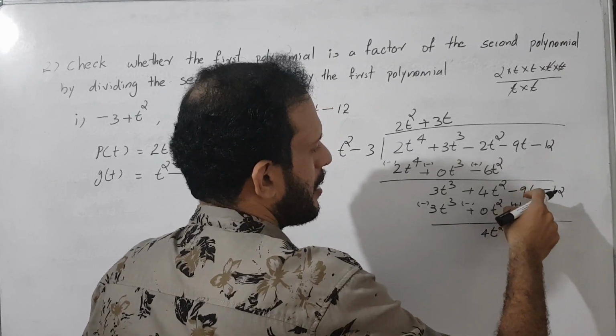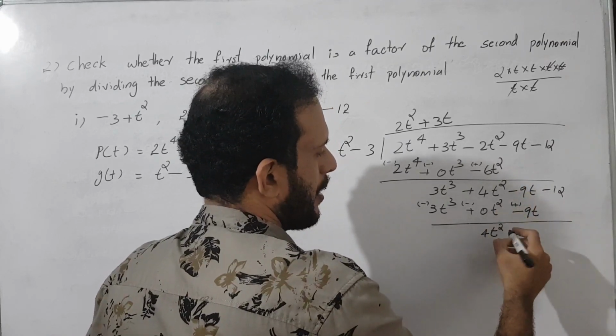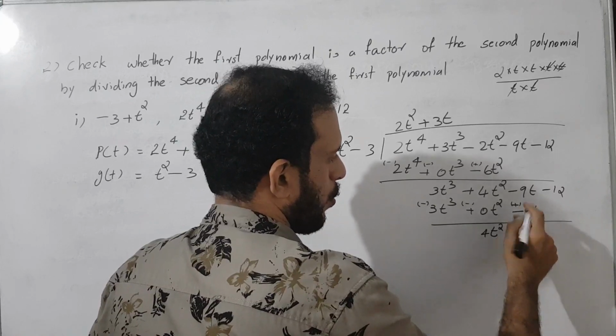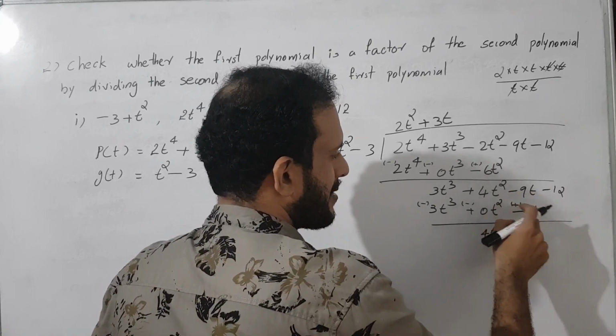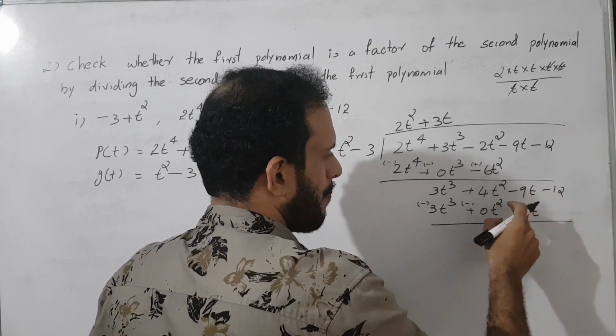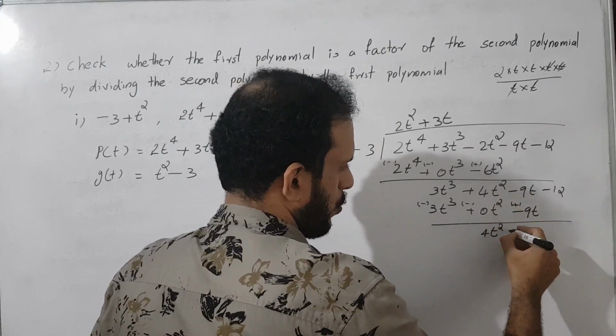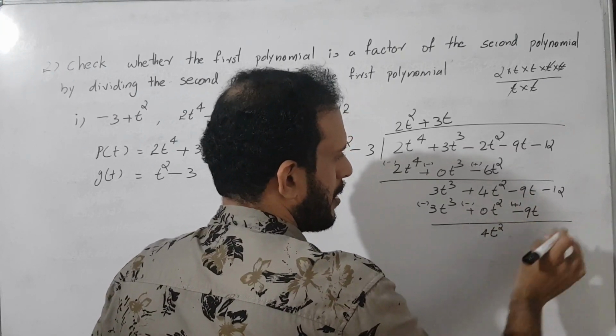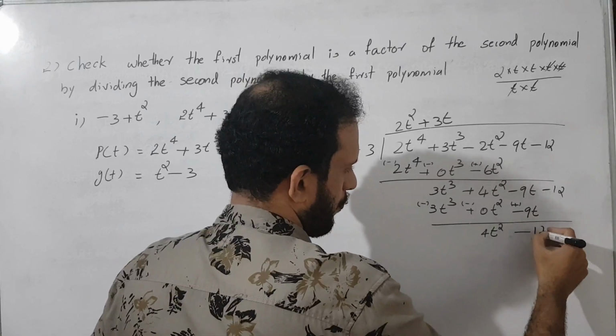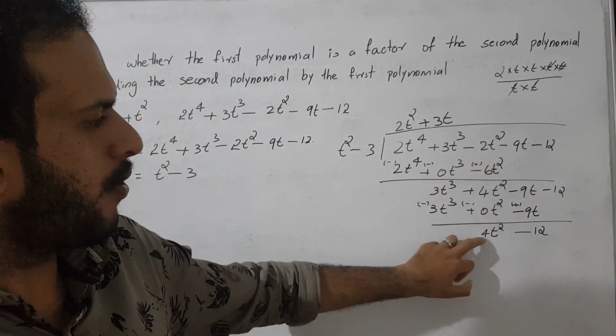Then 9t minus 9t, what is that? Yes, 0. Minus 9t plus 9t is 0. Okay, 0. We are not writing. Then minus 12. The next highest term is 4t square.